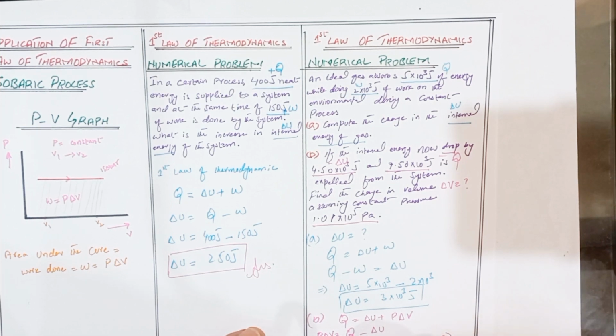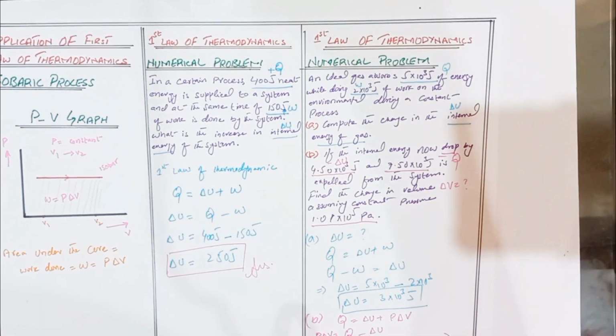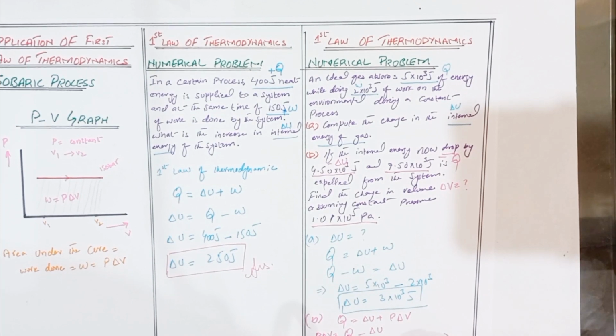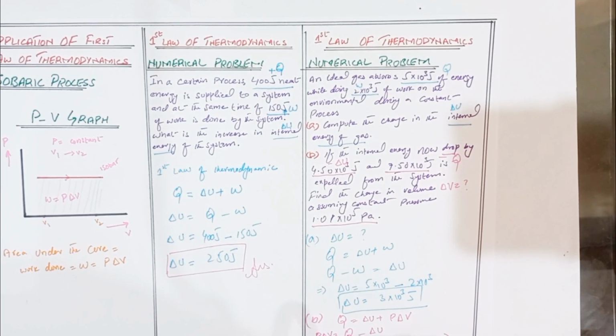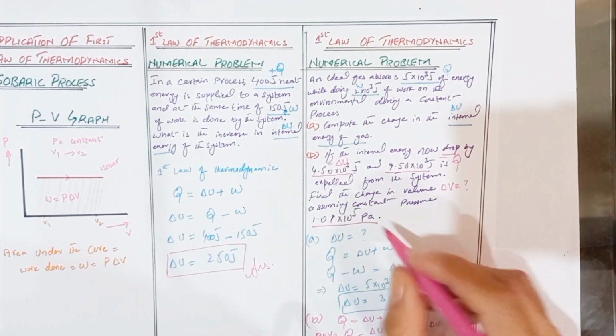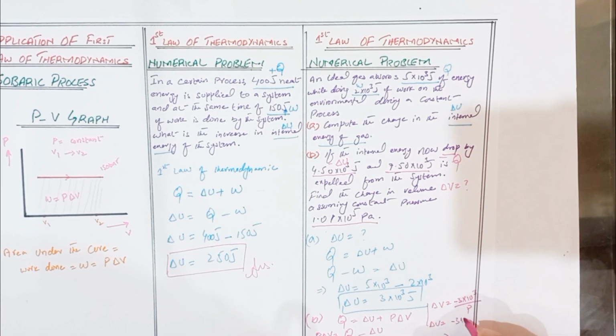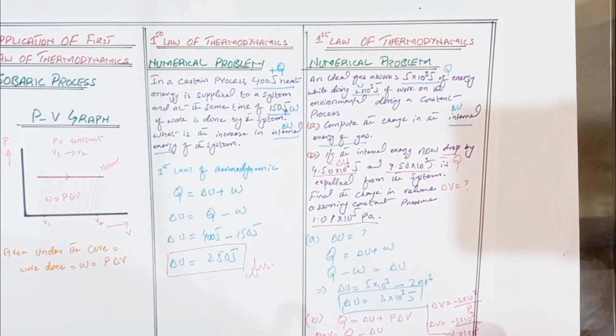So PΔV is equal to minus 3×10^3. So change in volume is equal to minus 3×10^3 over P. We know that the P value is given 1.01×10^5. So here ΔV is equal to minus 2.97×10^-2 meter cube.